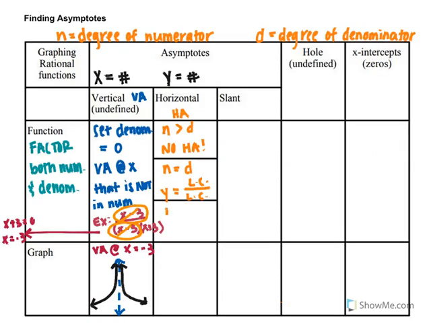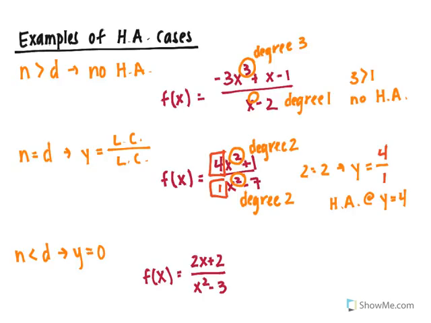Our last case is when the degree of our numerator is smaller than the degree of our denominator. And when that happens, our asymptote is at the line y equals 0. So let's look at an example of that. For our example here, we have the function 2x plus 2 over x squared minus 3.